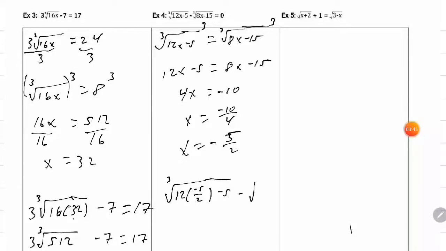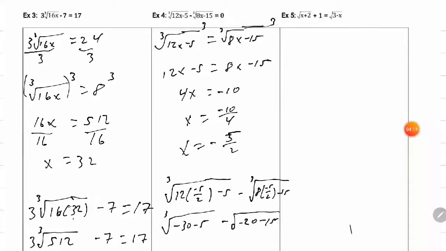Minus cubed root of 8 times negative 5 halves minus 15. So in here, 12 times negative 5 is negative 60. Negative 60 divided by 2 is negative 30 minus 5. And then in here, 8 times negative 5 is negative 40. Divided by 2 is negative 20 minus 15.